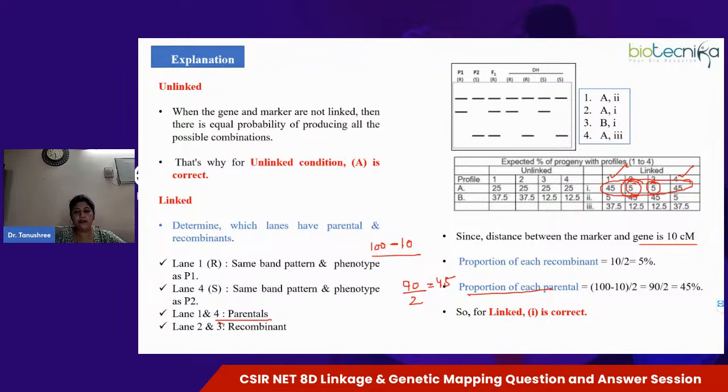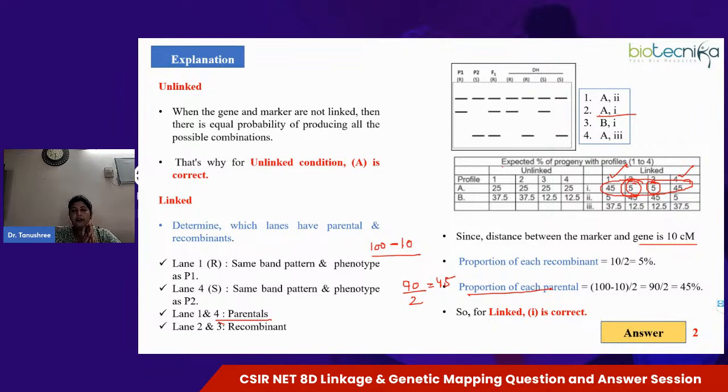Clear to everyone? So that means the answer here is option 2, that is A and 1. Clear to everybody? Sunshine, I hope it is clear to you. If you follow the steps that I told you, first think for unlinked and then think for linked.